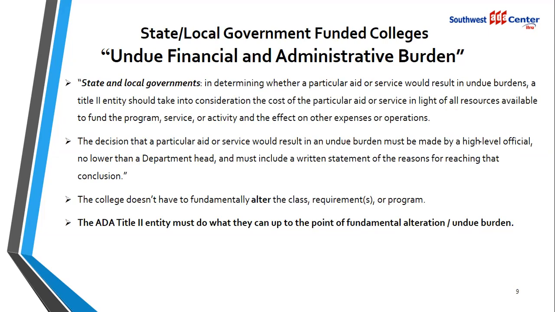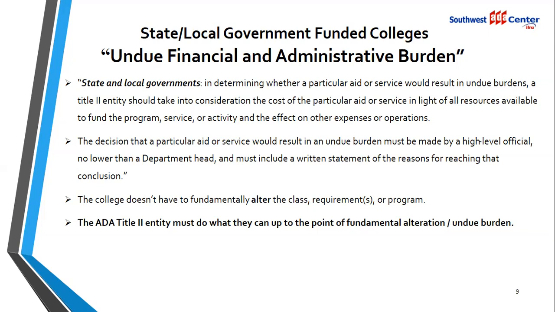First, let's address state and local government funded colleges. They have the term that they have in terms of an undue burden. It's called undue financial and administrative burden. So what does that mean when a university claims this, to where they say, we can't provide this classroom accommodation because it's an undue financial and administrative burden?